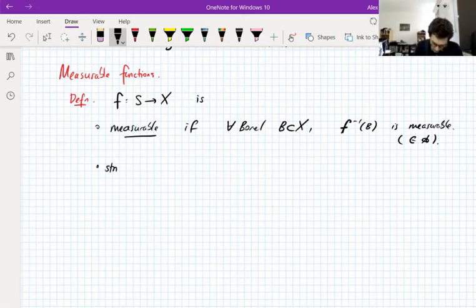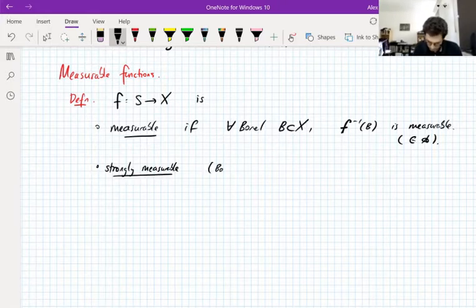We also have a notion of strongly measurable, which is stronger, also called Bochner measurable, because I think Bochner invented it.